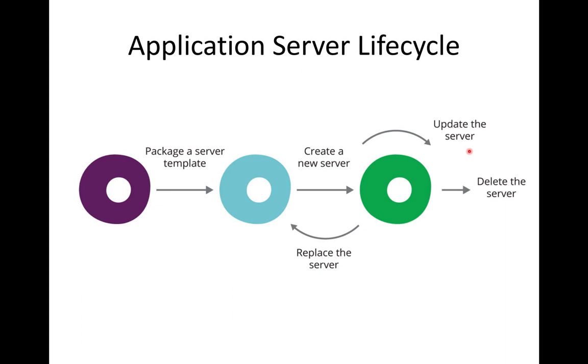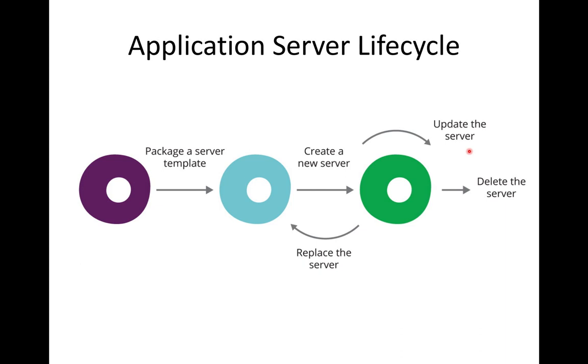Okay, so we talked a little bit about deploying our software applications to distributed servers. The next thing I want to talk a little bit about is the life cycle of our application servers. Each application server has a life cycle, and that life cycle usually begins with the launching of the server.